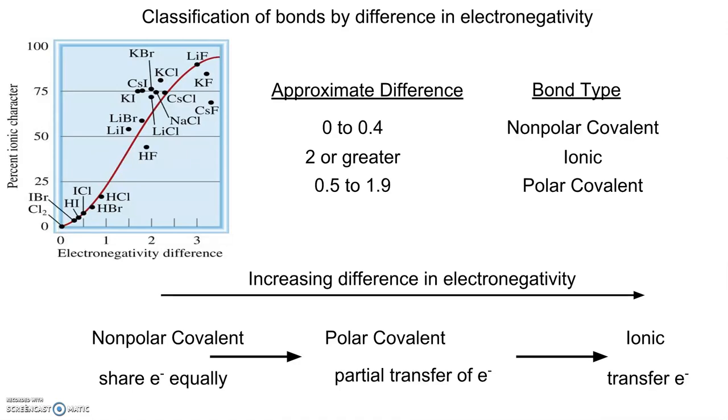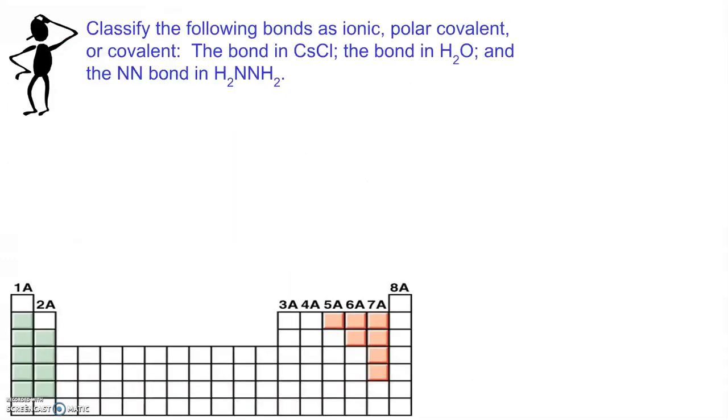Now there's that gray area there, but potentially if it's a metal to a metal, you're still going to have an ionic bond, okay? And 0.5 to 1.9 is polar covalent. So we've got to classify things as polar covalent, ionic, or nonpolar covalent.